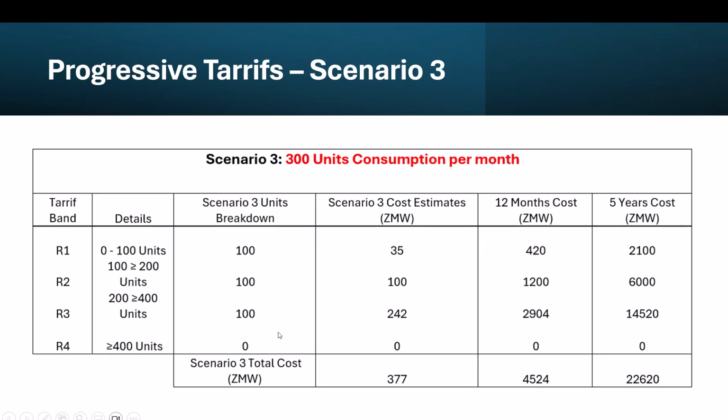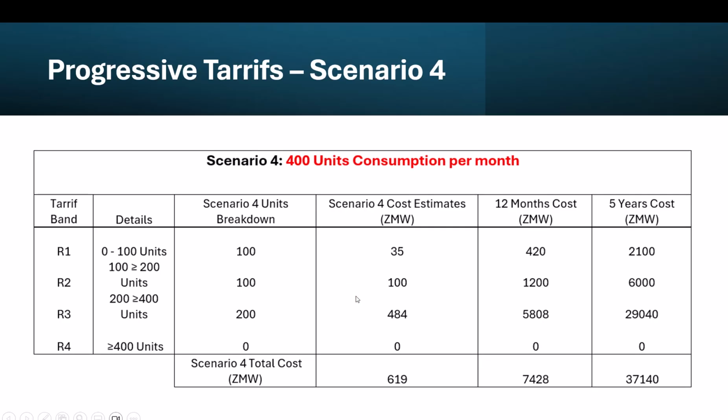When we look at the next scenario, which is 300 units, the first 100 units are in band 1, the second 100 units in band 2, the third 100 units in band 3. So the cost is approximately 377 Zambian kwacha per month, 4,524 Zambian kwacha for 12 months, and 22,620 Zambian kwacha covering 5 years.